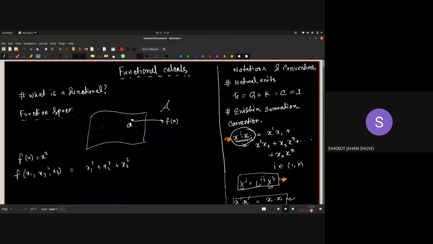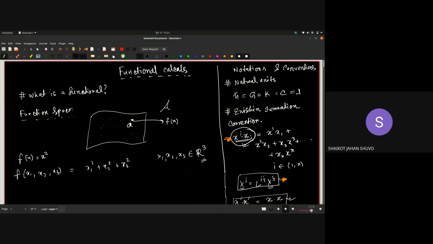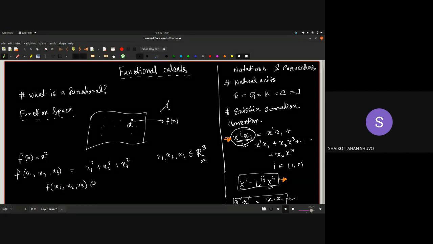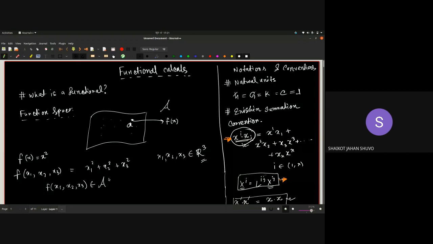So x1, x2, x3 belong to some R3, a three-dimensional real space, let's say. However, this function itself, f of x1, x2, x3, belongs to the function space.